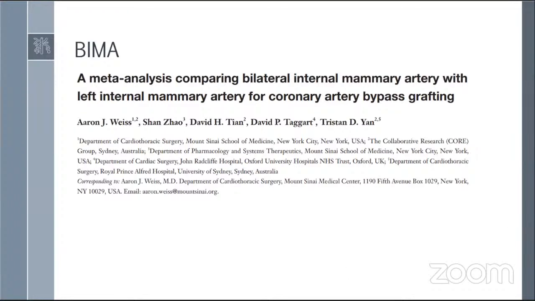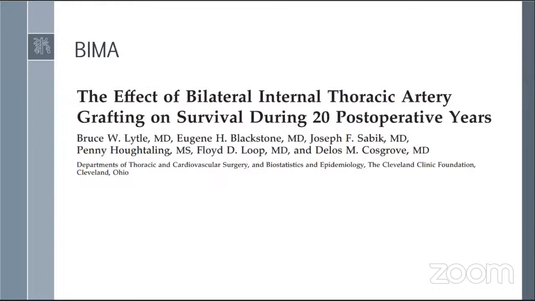This is also another study that compared the survival of patients receiving a single internal thoracic artery and followed them for more than 20 post-operative years. The cohort included 8,123 patients who received a single internal thoracic artery and 2,000 patients receiving bilateral.